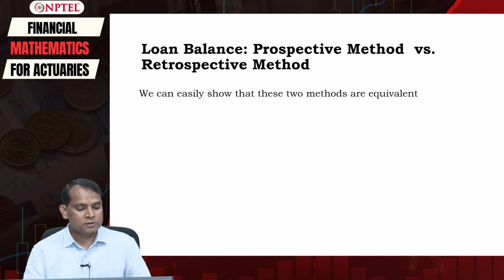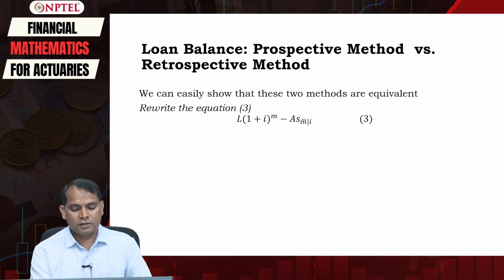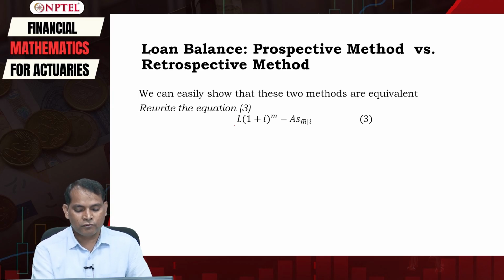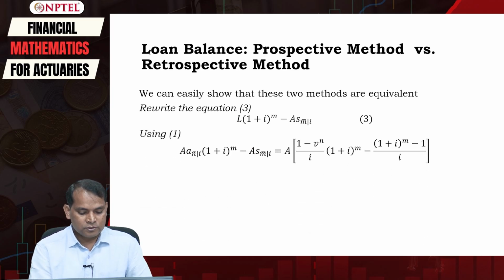So, to do that, rewrite equation 3 again, that is L = A·(1 + i)^m minus A·s angle m at i, and putting this value of L as this, A·a angle n at i, and then rewrite the same thing again here.